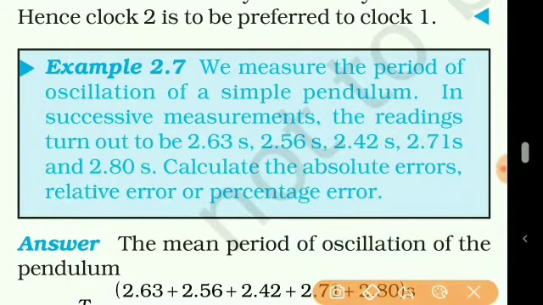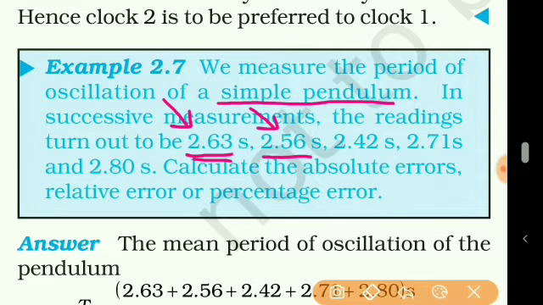So here for this simple pendulum, 5 observations were taken. First time the periodic time came out to be 2.63 second. For the same simple pendulum, the periodic time measured the second time is 2.56 second. Third time it is this, fourth time it is this, and fifth time it is this. So these are the readings of periodic time for the same simple pendulum.